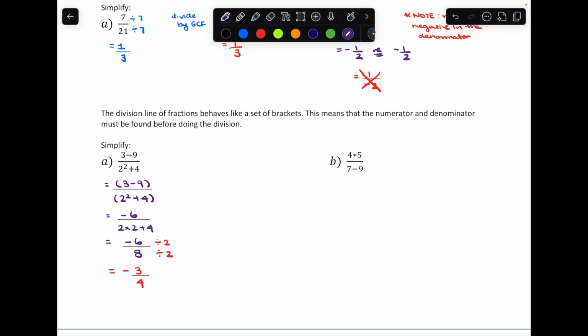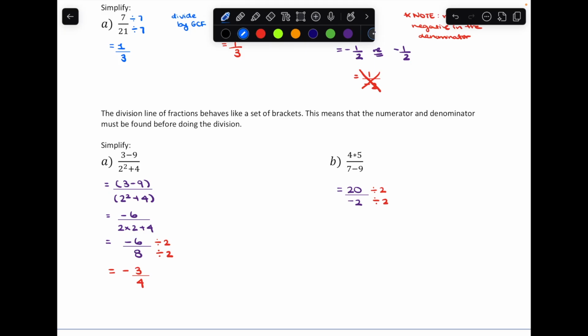Here, the next question, we have 4 times 5 divided by 7 minus 9. 4 times 5 is equal to 20. 7 minus 9 will give us negative 2. Here we can divide both 20 by 2 and 2 by 2.